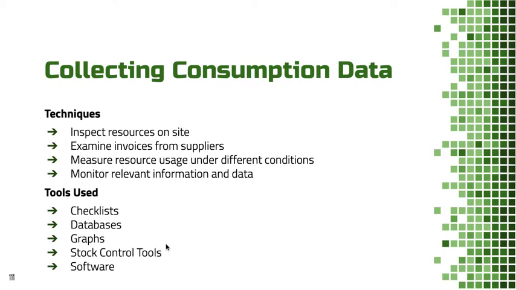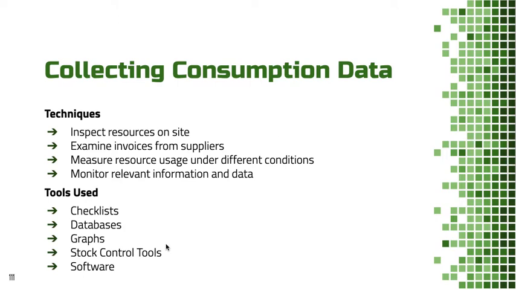Firstly, if we look at techniques, we need to think, well, I know how many materials are on my site because I can go and look at all those materials that I've got, and I can do some observation around how much of those resources are being used, how much is being thrown in the bin, etc. I could look at the invoices coming in from suppliers to work out how much of the different resources I'm using. So how much sand, how much aggregate, how much cement, how many bricks, how much timber, etc.